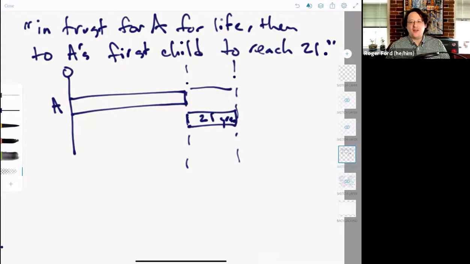I think some states treat that slightly differently. But we're completely ignoring those weird corner cases. So versus if we look at example 30, instead of 21, it's 25.